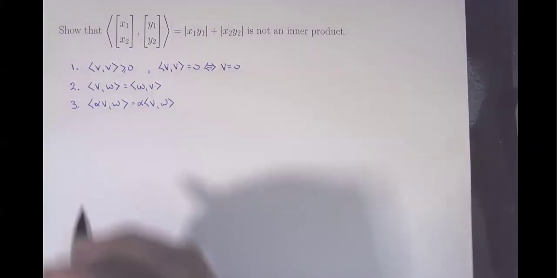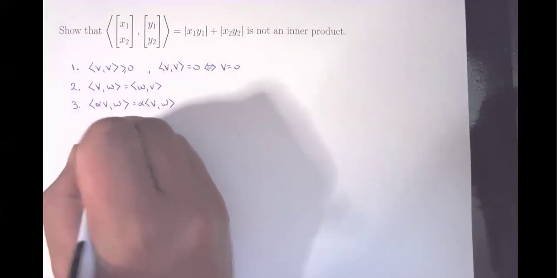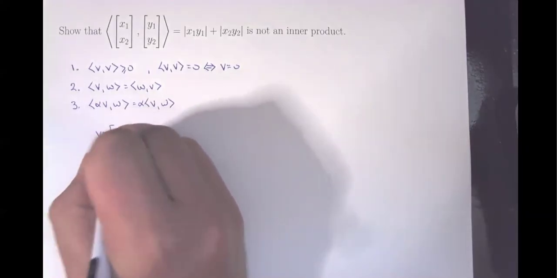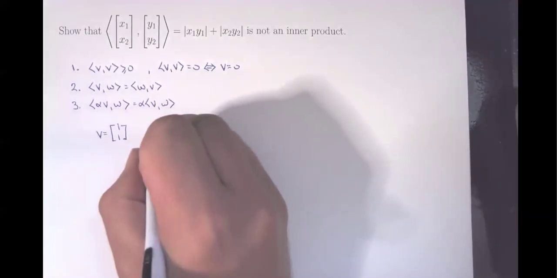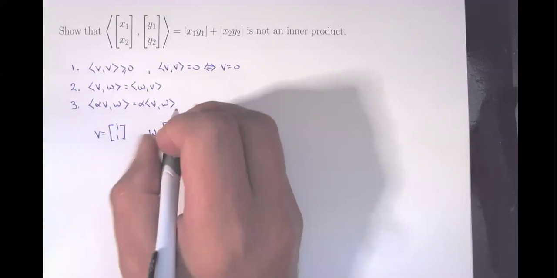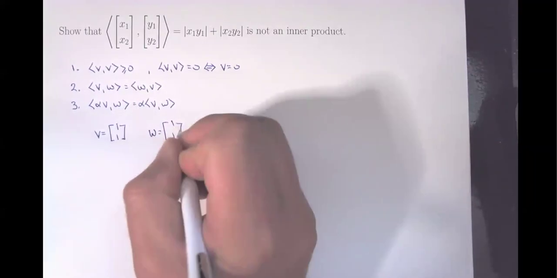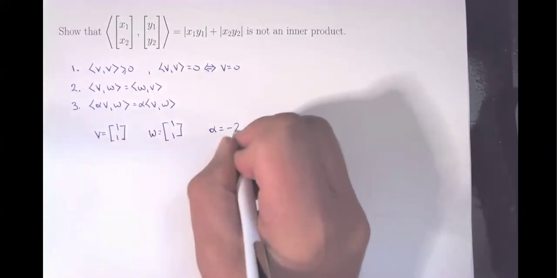So let's try and create ourselves an example. Let's say V equals 1, 1, and I'll take W equals 1, 1 as well. And let's take alpha equals -2.